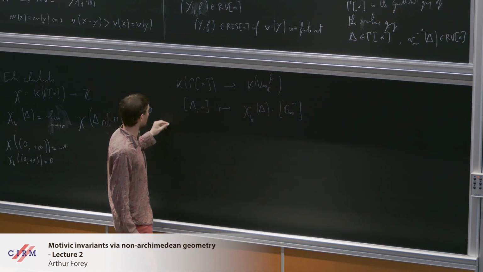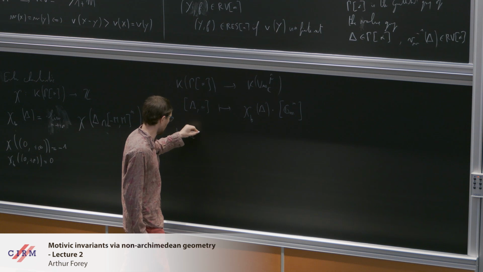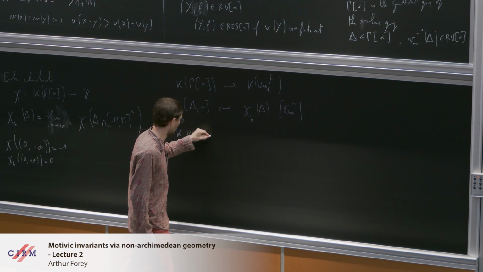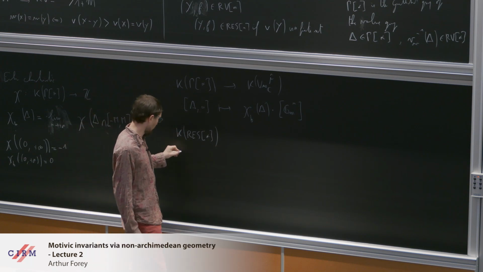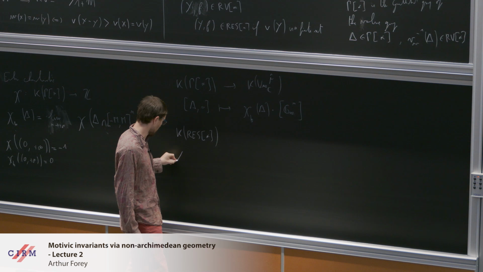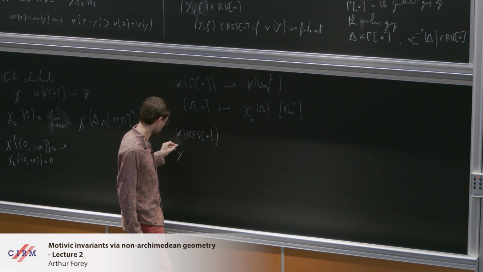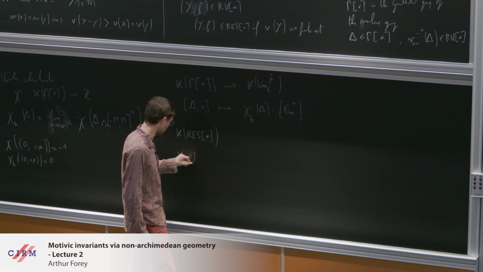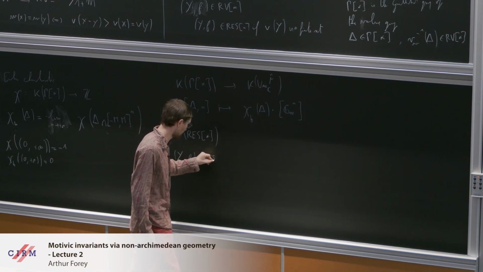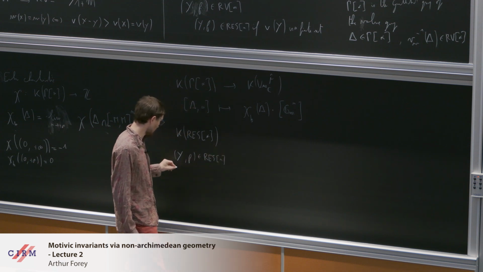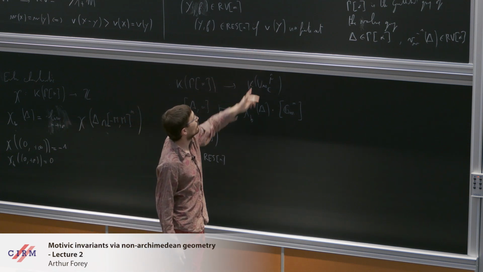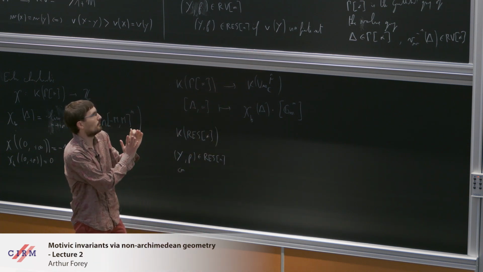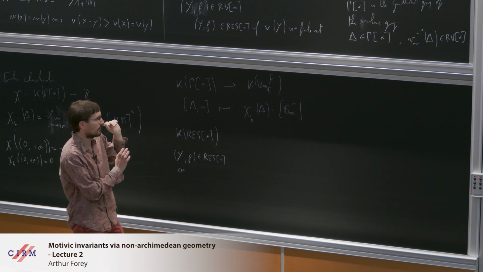Okay, and then on the RES category, I will not explain everything, but the idea is that if you have something in RES, you're very close to being in the quotient group of varieties. If you have Y, f in this category, then you can assume, since the condition was that the set of valuations is a finite set, that up to cutting into pieces it is just a singleton.